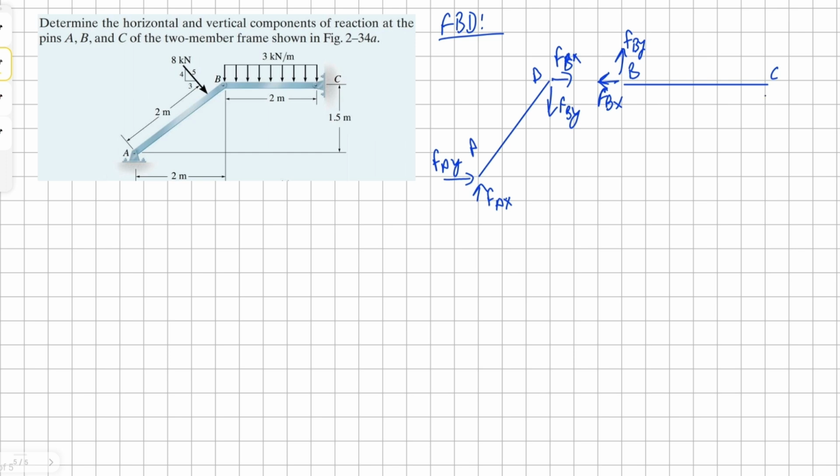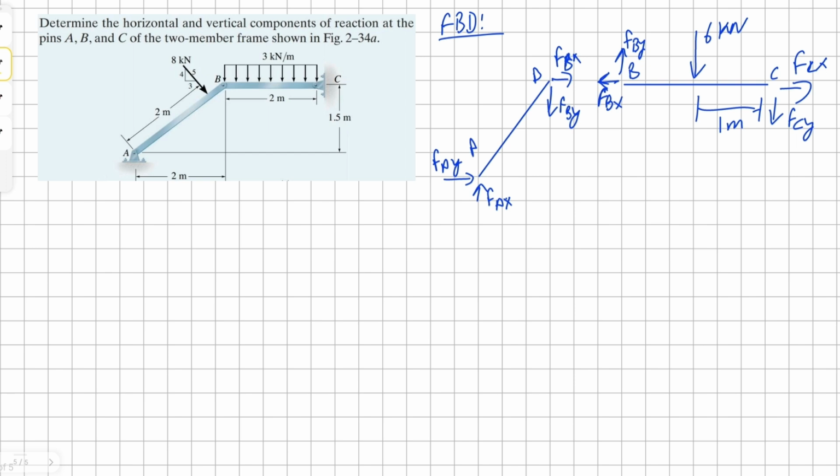And we can have, similarly, two reactions for C as well. We also have a distributed load of 3 kilonewtons per meter, distributed over 2 meters. Solving this, we get a point load of 6 kilonewtons for that area, and this point load would be a meter away from point C.